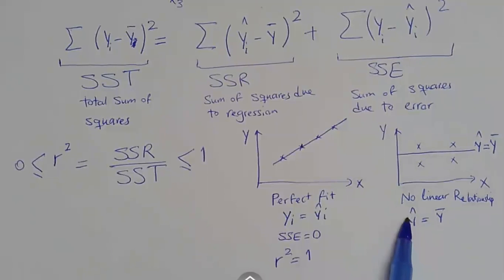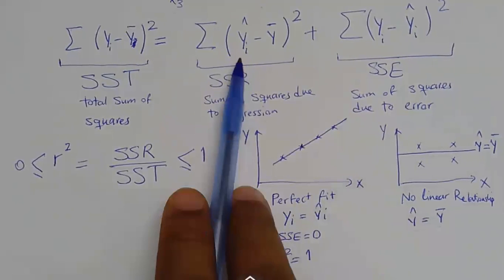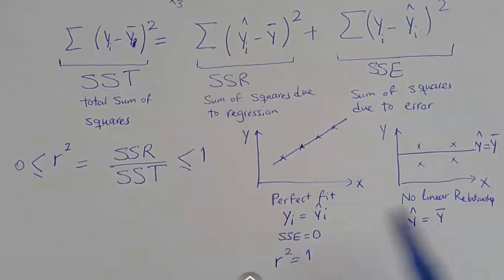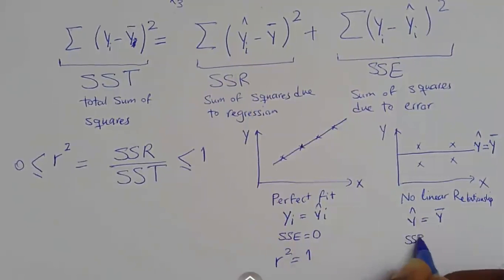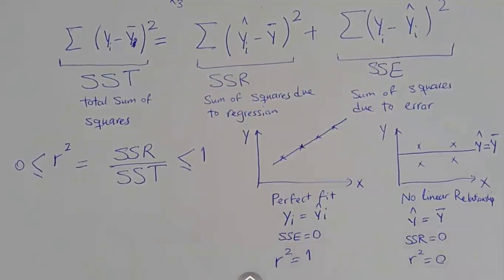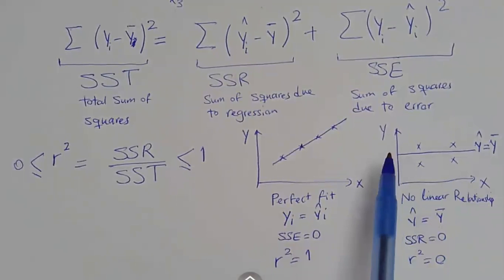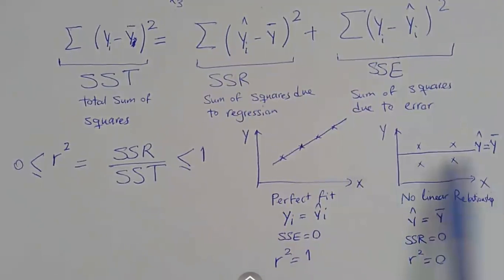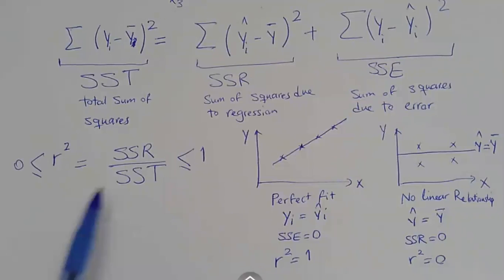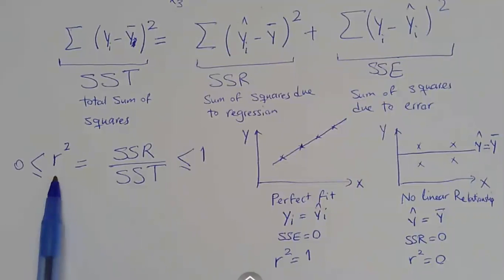When Y hat is equal to Y bar, SSR is equal to 0, which means R squared is 0. So when my estimated line is a flat, completely horizontal line, I will have R squared equal to 0.